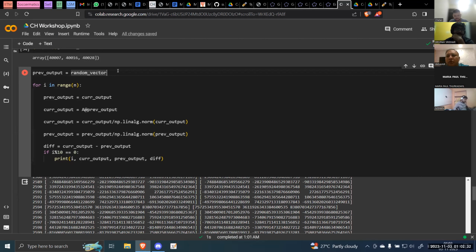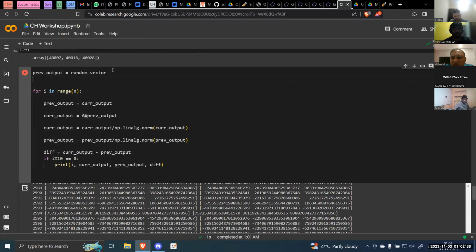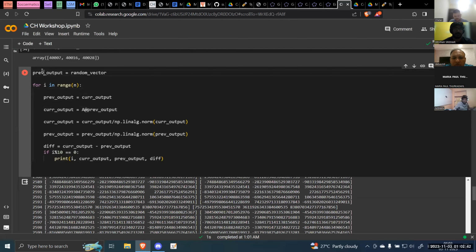See, eigenvector, what do you mean by normalized? Like the unit norm is one, a vector in the same direction. Then dot eig. Let me see.